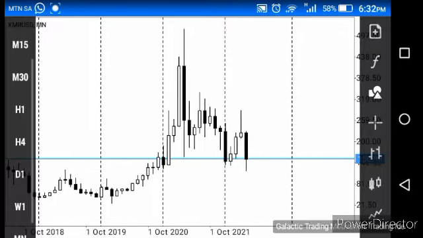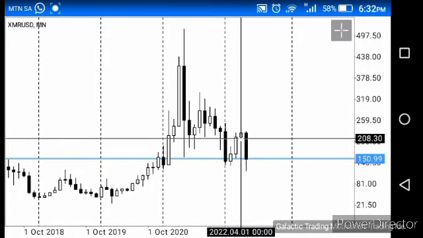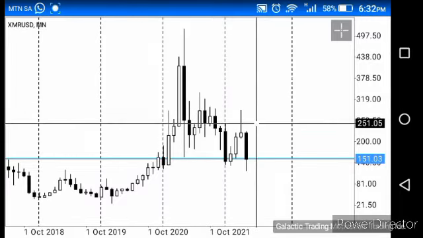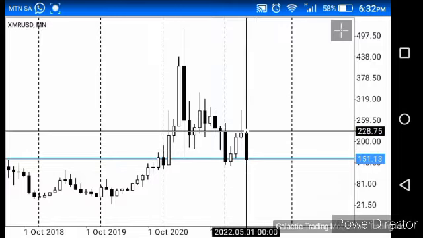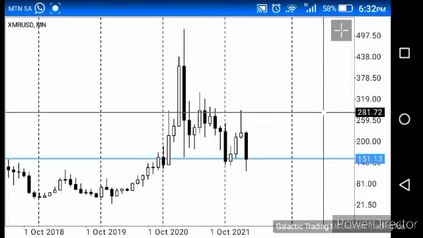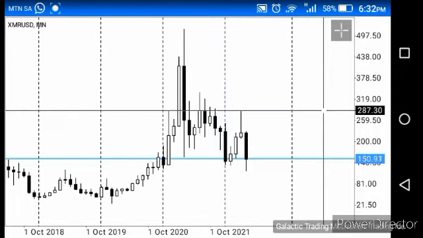So let's continue. What else can we tell by looking at this monthly chart of Monero? Another very important thing is this candlestick over here. It's a bullish candlestick with a small body and a long upper wick. What this tells us is that we have a whole lot of liquidity sitting right at that level, which is the 287.30 level.